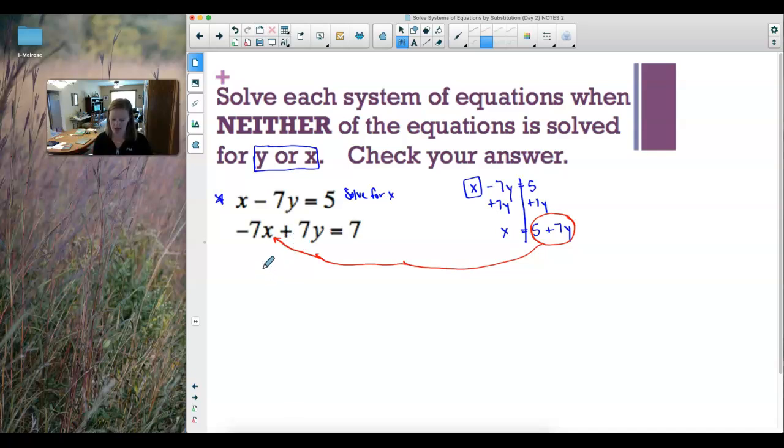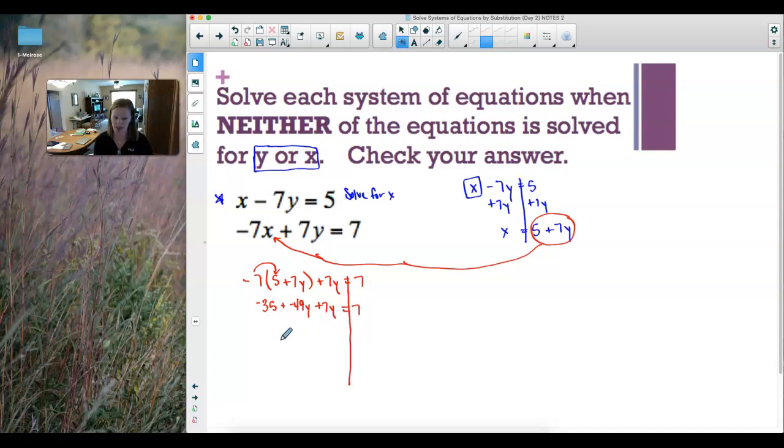Now I'm going to rewrite this second equation as negative 7 times (5 plus 7y) plus 7y equals 7. And then we're going to solve that equation. So we use the distributive property first. We have negative 35 plus negative 49y plus 7y equals 7.